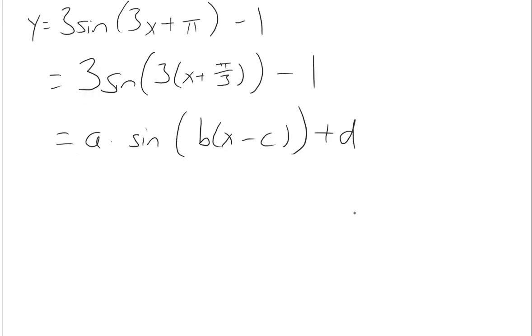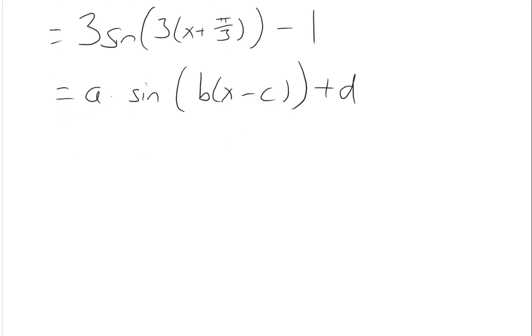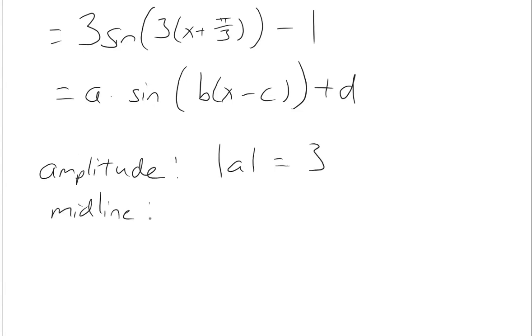All right, let's get all our parameters. What is the amplitude? It's the absolute value of a, which is 3. Midline is d, which is -1. So y is -1.